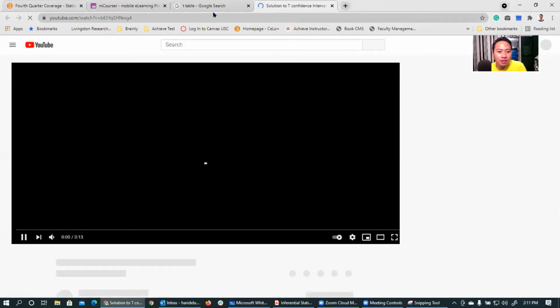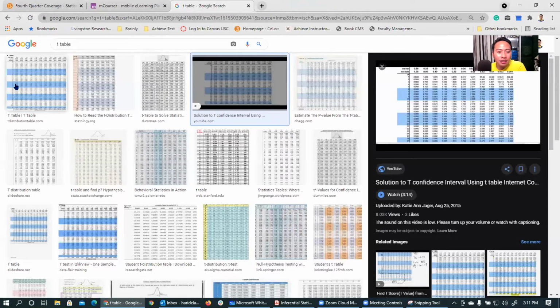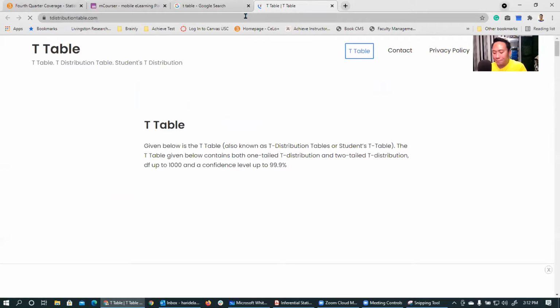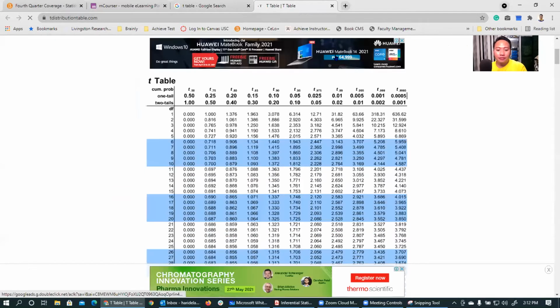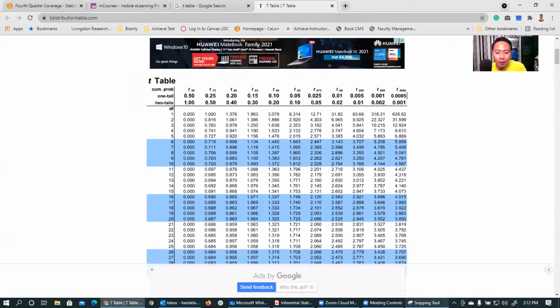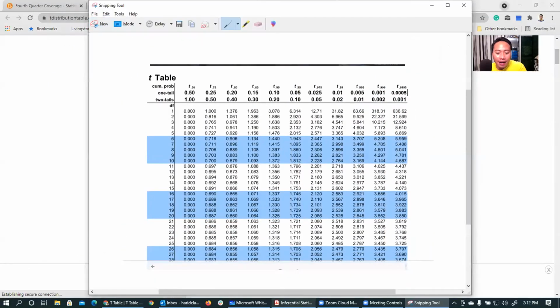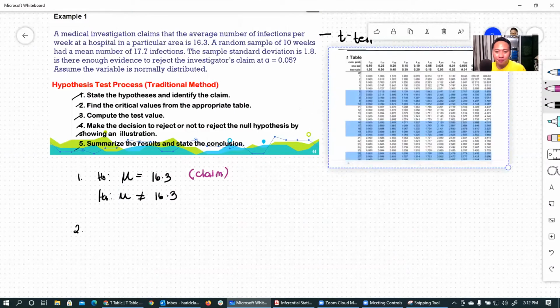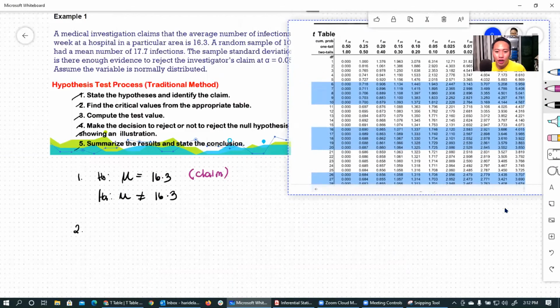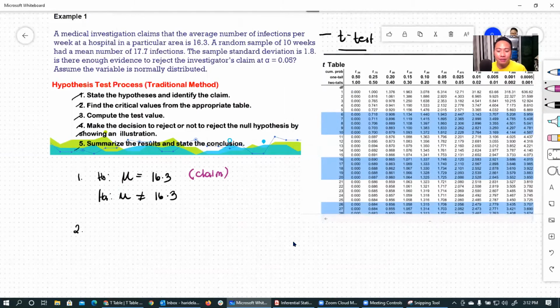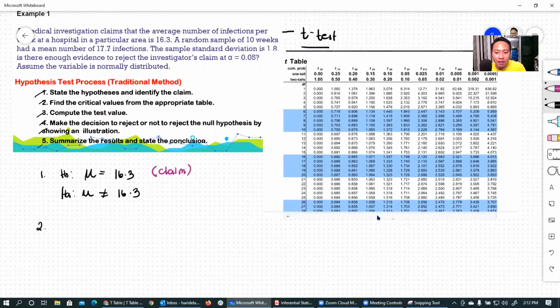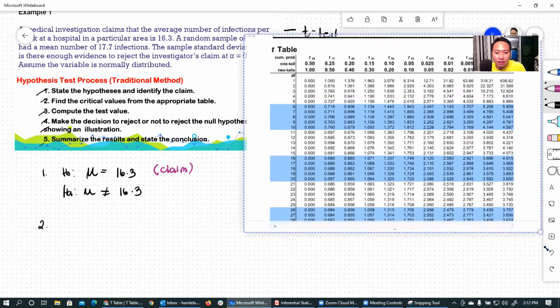I need a table here. So here, I hope you guys can see this. I'm going to take a screenshot of this and then paste it here. So I hope it's visible. The numbers are visible on your end. Just please let me know if it's not so that I can make it a little bigger.